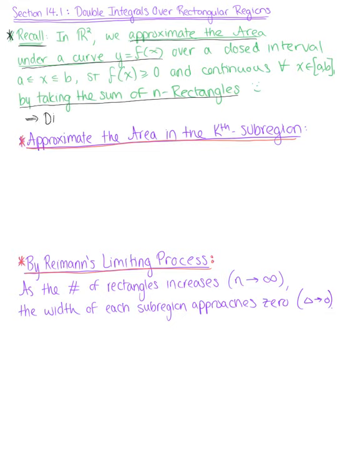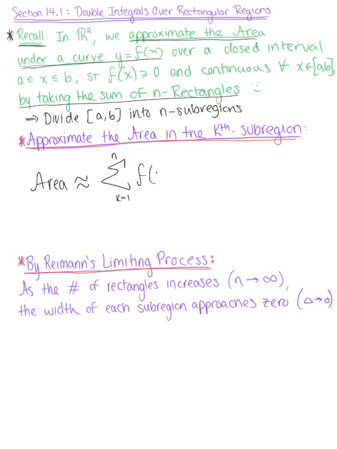So if we divide our closed interval a to b into n subregions, we can then approximate the area under this curve using the area of the kth subregion. So we know that the area of this region will be approximately equal to the sum from k equals 1 to n of f of x sub k multiplied by delta x sub k.